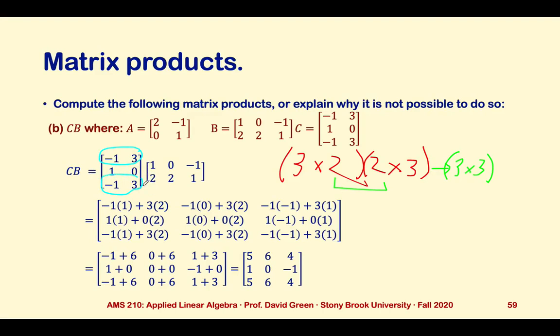If the first row and third row of C are identical, when we go through taking dot products of the row with each of the columns of B, we have to get exactly the same result, which means the last row in the product has to look exactly the same as the first row in the product. If you were unsure about your arithmetic, you could go through and do the arithmetic again.